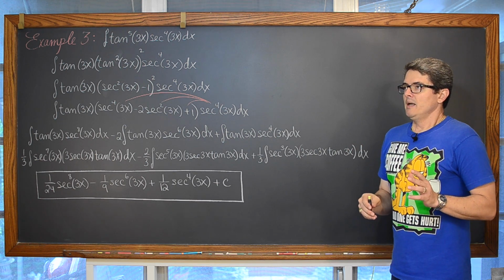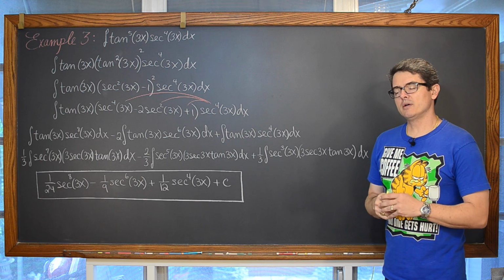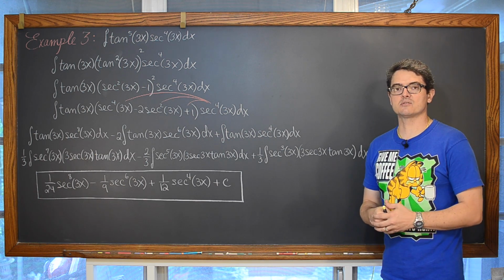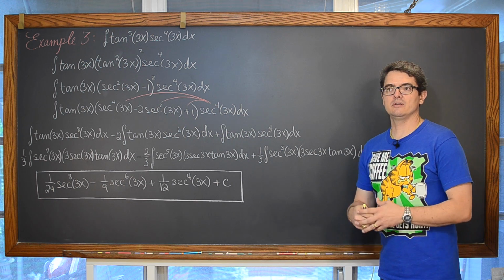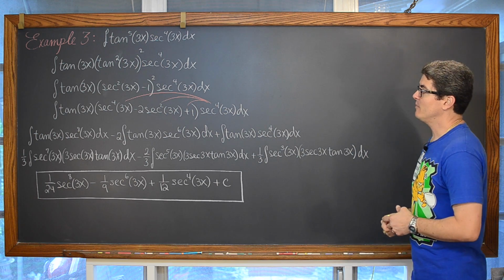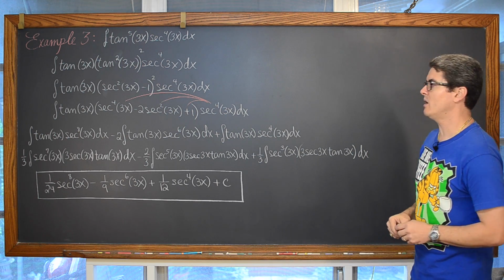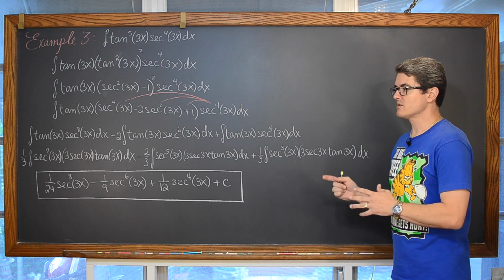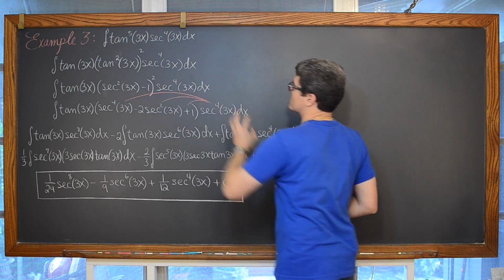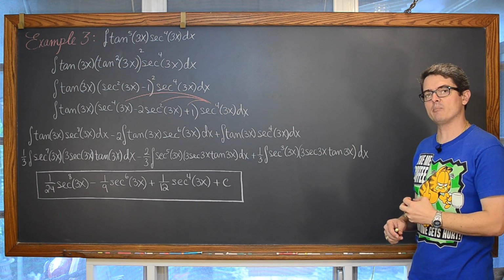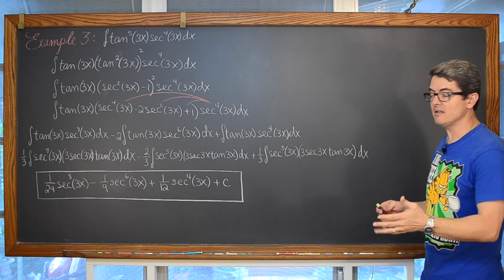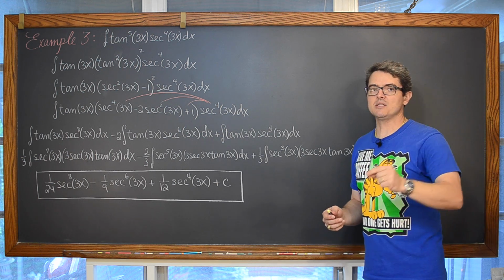And it probably is a little bit less work to go into powers of tangent, just because the derivative of tangent is secant squared, as opposed to the derivative of secant being secant and tangent, so it's a little bit less writing. But the main reason why the second version of the solution is going to be less work is because we have a power of 4, which is closer to and easier to get down into a power of 2 using that Pythagorean identity, and the fact that the derivative of tangent is secant squared.